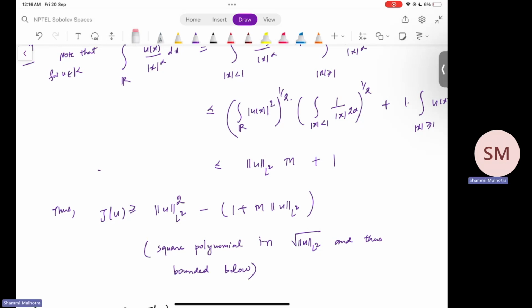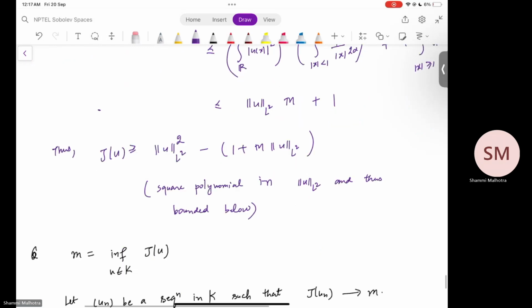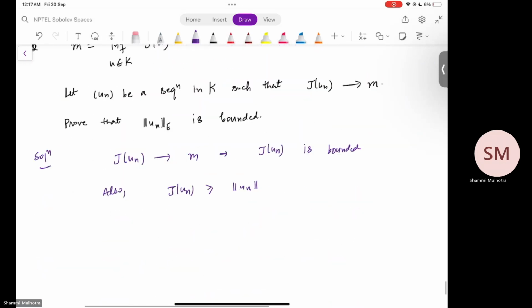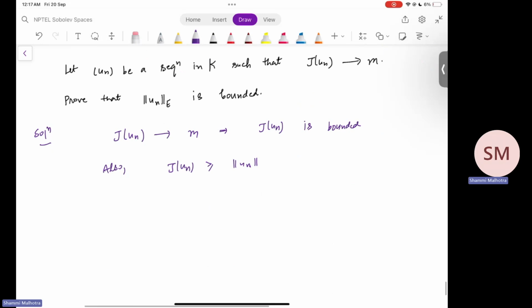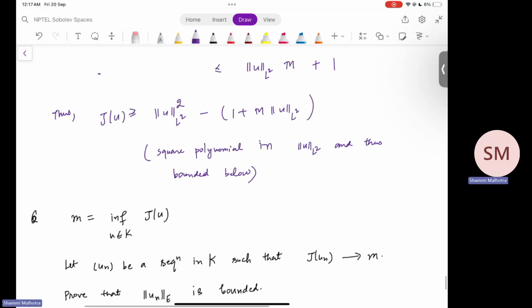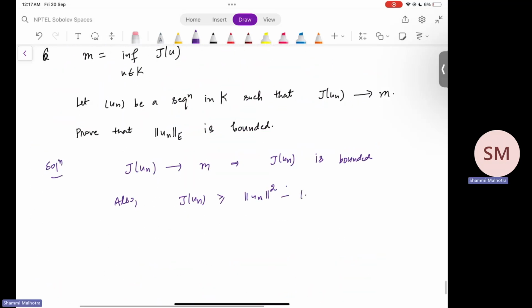It has to be the L2 norm of un squared minus 1 minus m times un, and again the L2 norm we are taking.